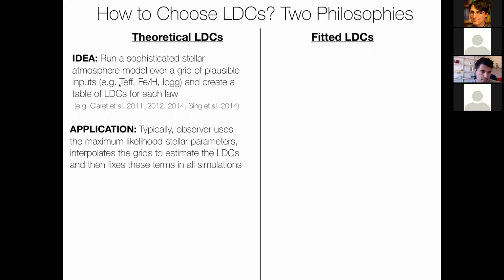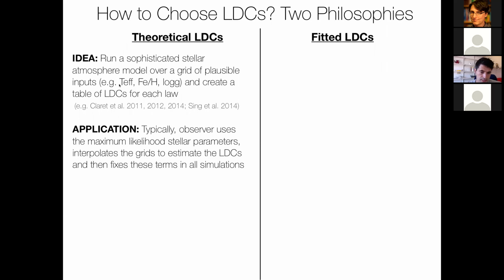And obviously they're grids, so to actually use these, a very common approach is for an observer to take the maximum likelihood stellar parameters. So essentially, what is the best effective temperature? What is the best metallicity? And then they input those numbers into the grid, and they interpolate typically, or I guess the worst thing to do would be to do a nearest neighbor.